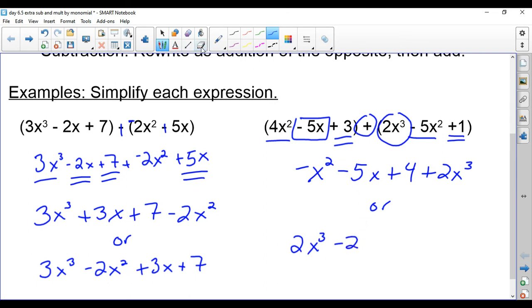Oops. That would be minus 1x squared. So 2x cubed minus x squared minus 5x plus 4. Either answer is correct. So addition and subtraction, you add coefficients and do not change the exponents, and you make sure that you rewrite the subtraction as addition of the opposite first.